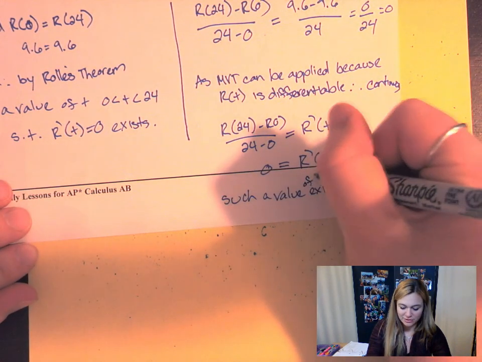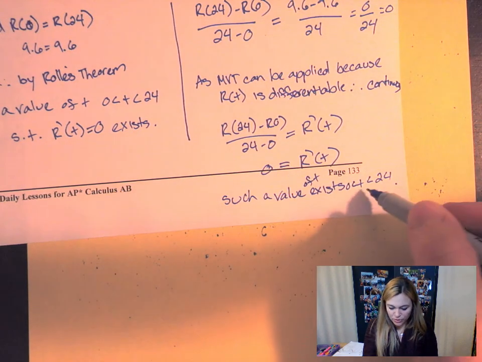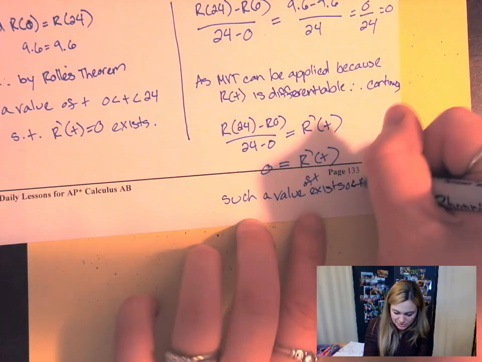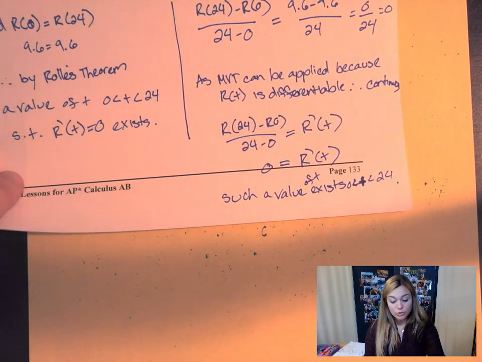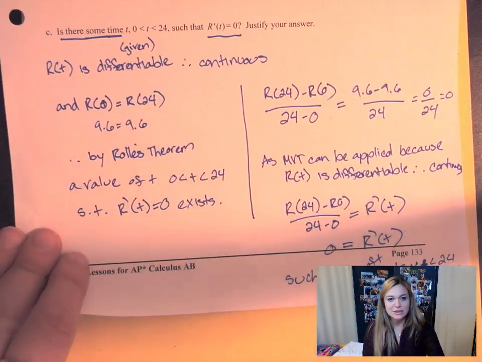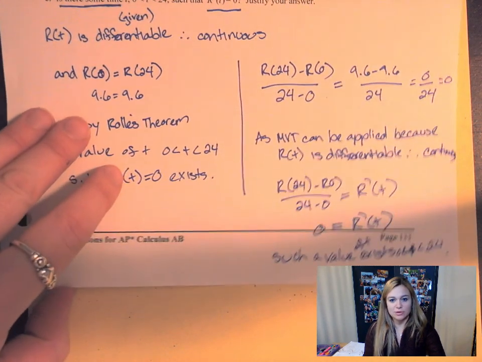So there are two different ways that you can do that, but anytime you see, is there some time where that's true, you're going to be writing a theorem of some sort.